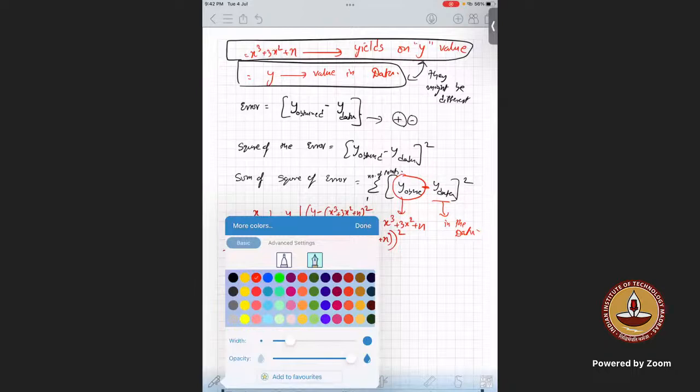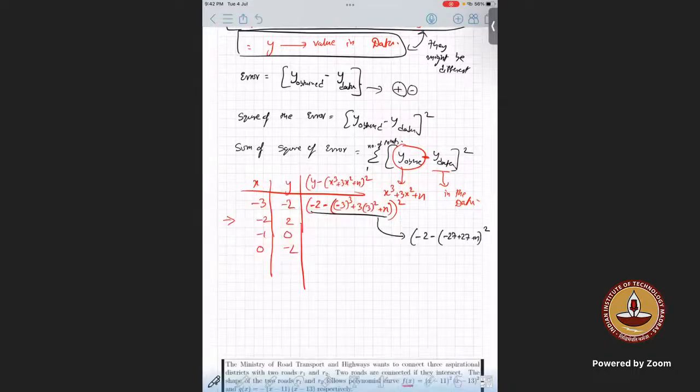Minus 2 minus 0 plus n, whole square. Minus 2 minus n, whole square. Agree?